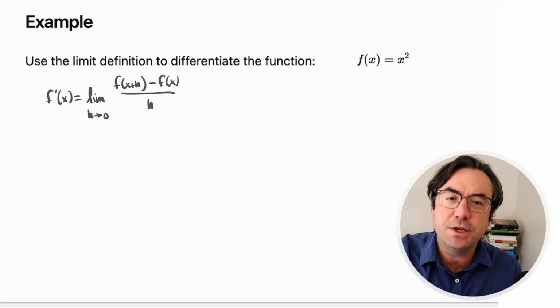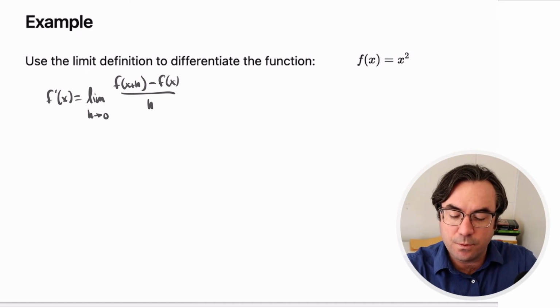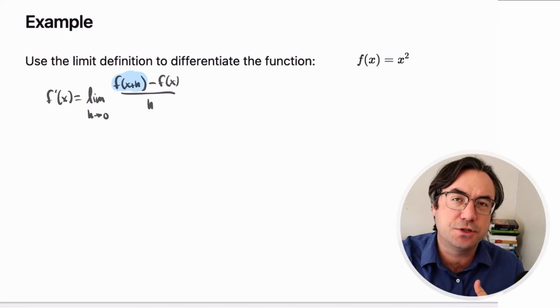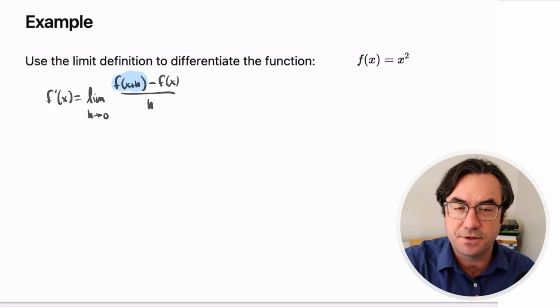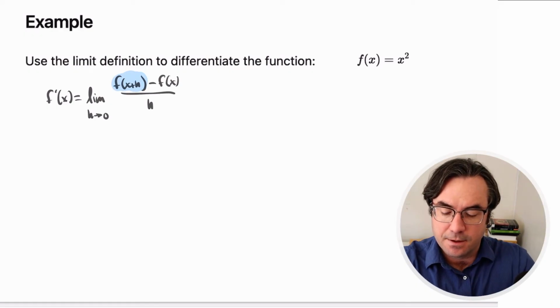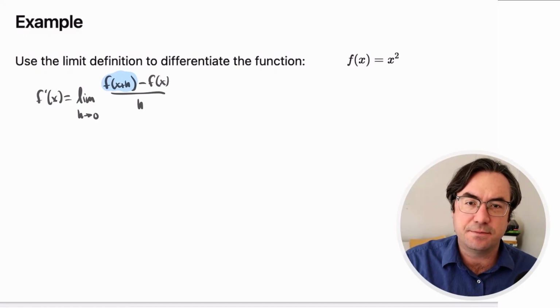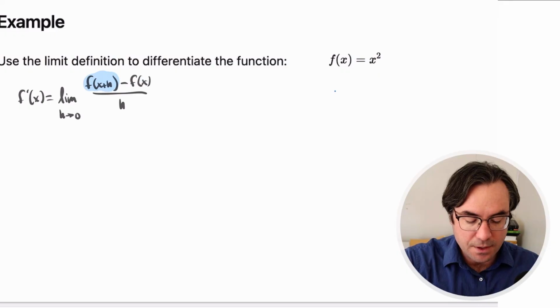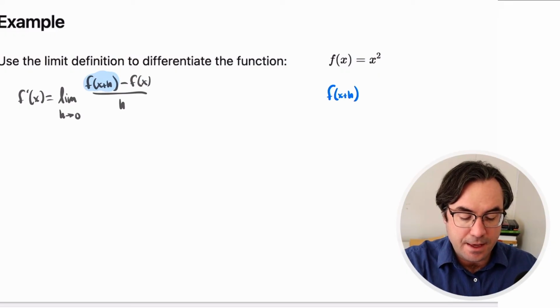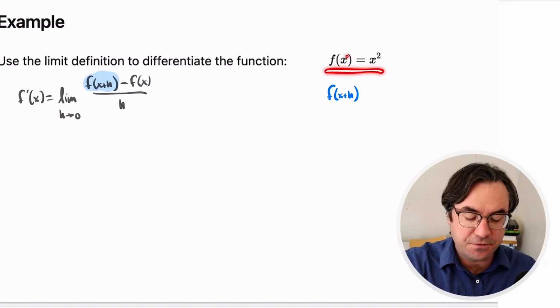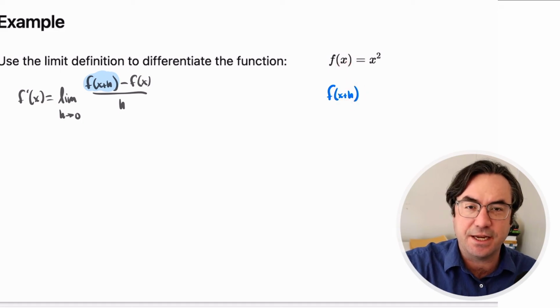And the first thing we do here is we want to start working with this f of x plus h. This is usually the most complicated part of this process. So let's do this off to the side, and then we'll fill it in. You want to go to the original function, and look at this formula, and wherever you see an x, change that to parentheses x plus h.